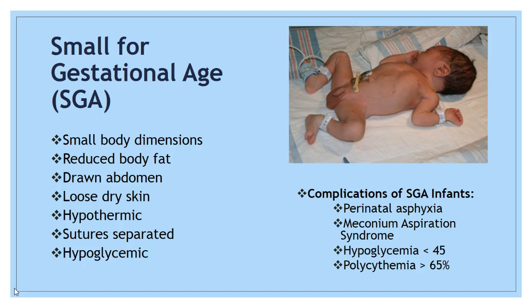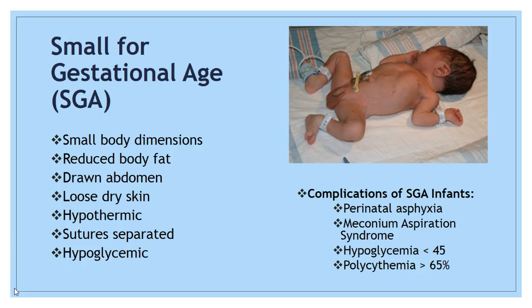They have reduced body fat, which puts them at risk for inability to thermoregulate appropriately. They will have a drawn-looking abdomen, kind of like this little fella in the picture. They have loose, dry skin. They will be hypothermic, potentially, if you don't support their thermoneutral environment.